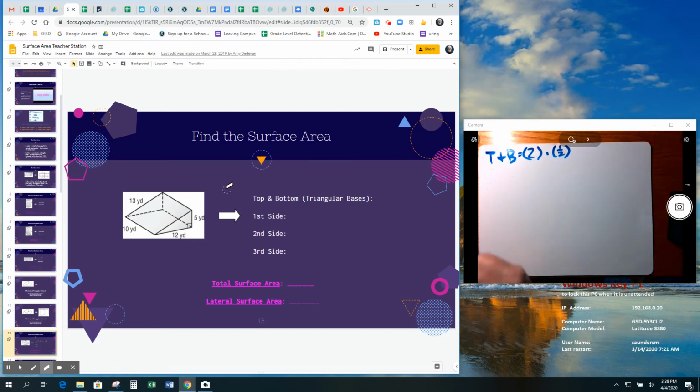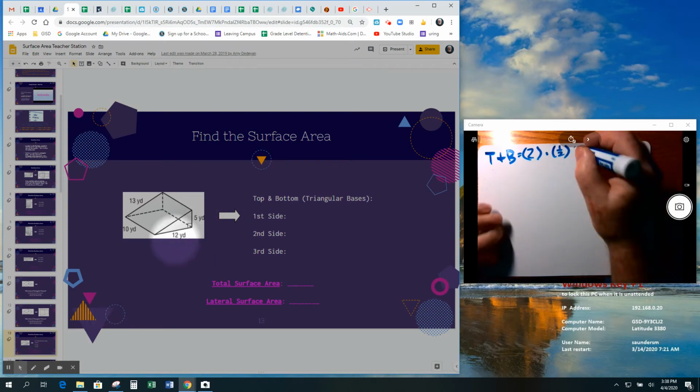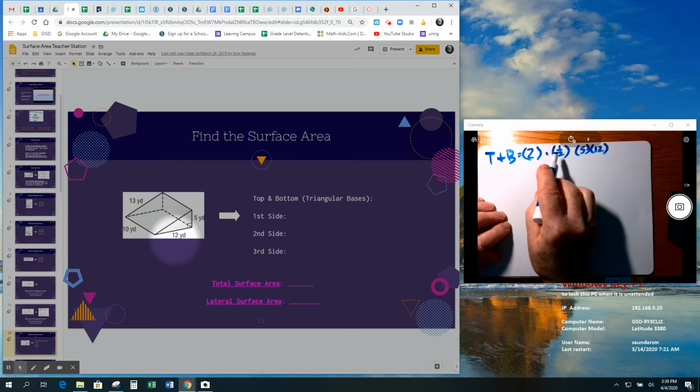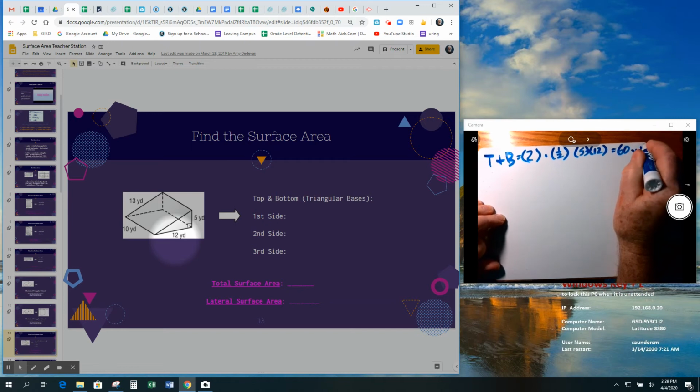And base times height, my base is 12 yards, and my height is 5 yards. So 5 times 12 is 60. So my top and bottom are 60 square yards.